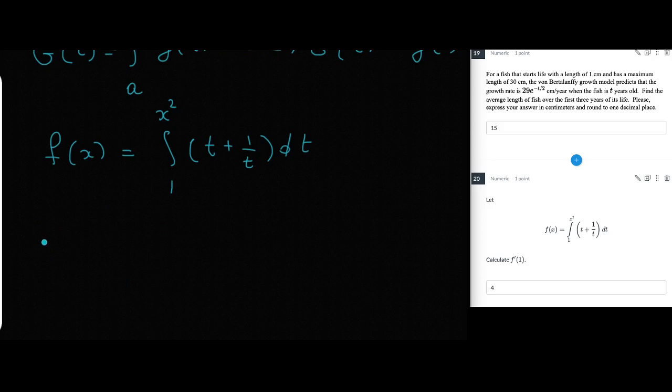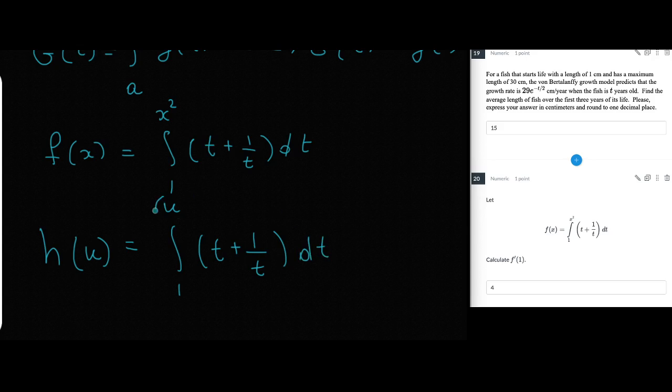So I'm going to consider a different function, g of x, which will be the integral from 1 to x only of (t plus 1) over t dt. Actually, maybe let me change the notation and use different letters. I'm going to denote this function by h, and it will be a function of u, and h of u will be the integral from 1 to u of (t plus 1) over t dt.